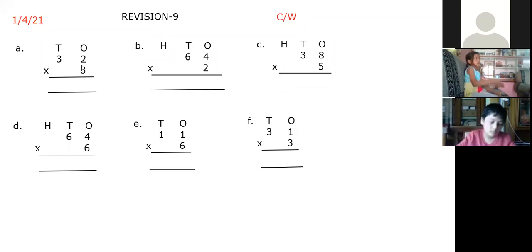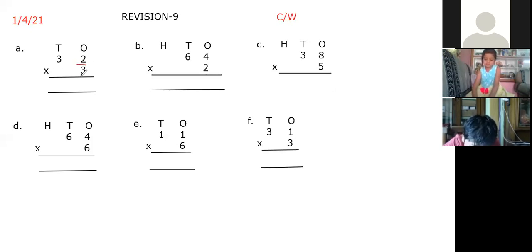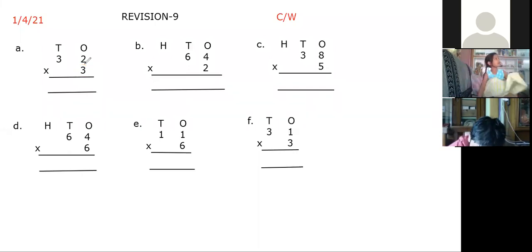Whatever is the number beside the multiplication symbol, we will recall the table of that number. Here beside this multiplication symbol, the number is 3. So here we will recall the table of 3.